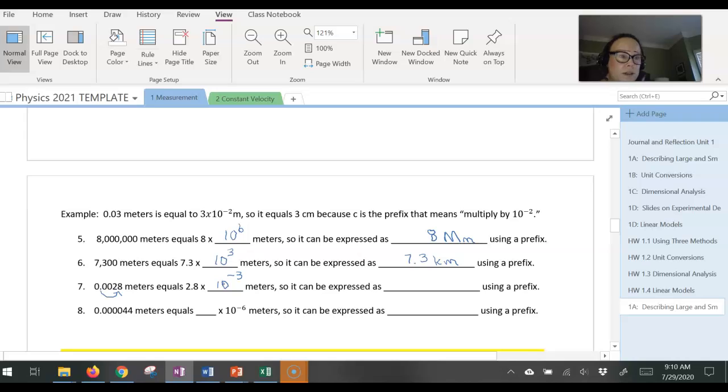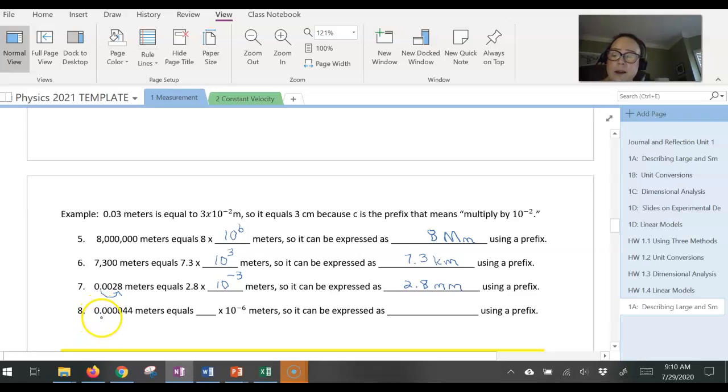And there's a prefix that means times 10 to the negative 3. That's milli. So this must be 2.8 millimeters. Now, notice that I'm using the lowercase m as the prefix because lowercase m means milli, which means multiply by 10 to the negative 3.